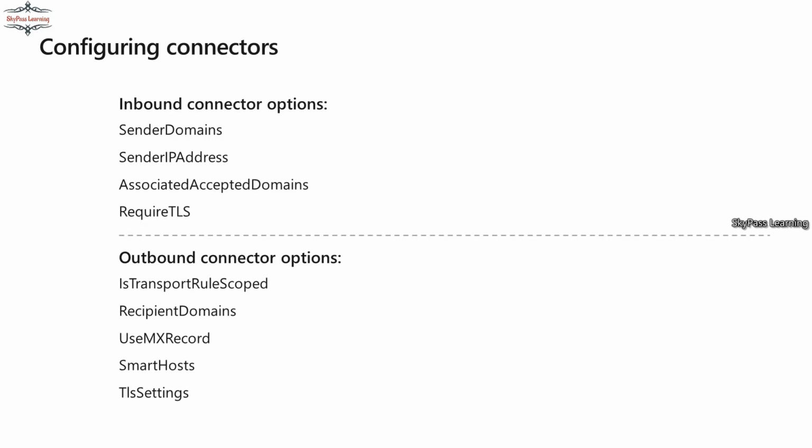Still, if you want to create connectors, say you have a scenario where you want to send an email to another organization for a specific domain. Instead of sending it over the internet, you want to use a smart host, or any other mail gateway for that particular partner organization.